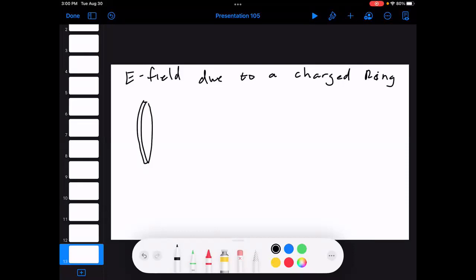Okay, so we have a ring. Total charge Q, uniformly distributed.